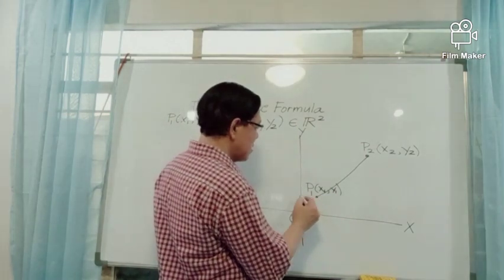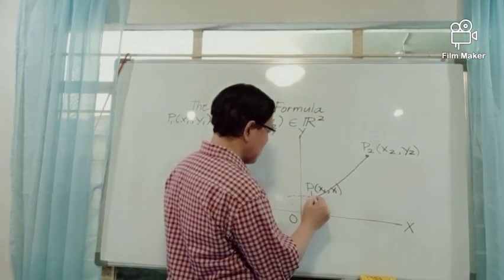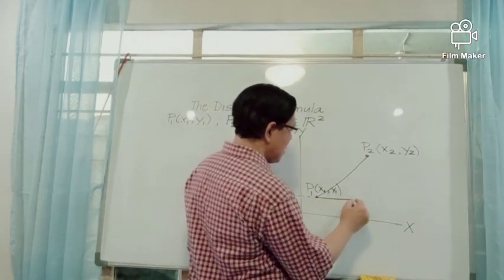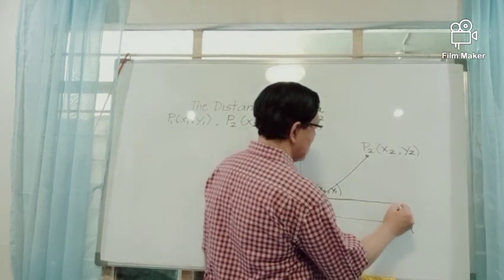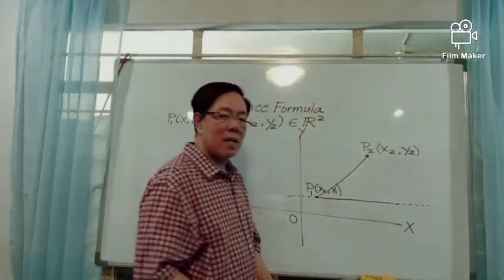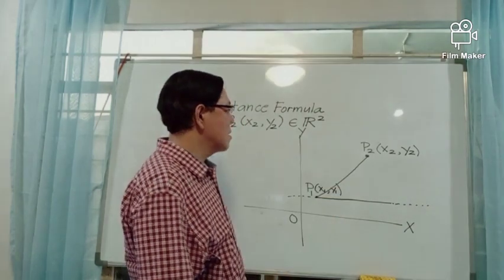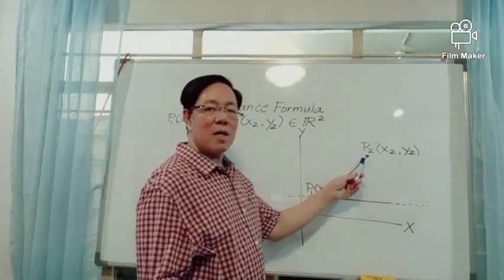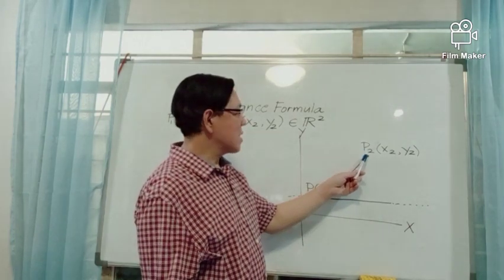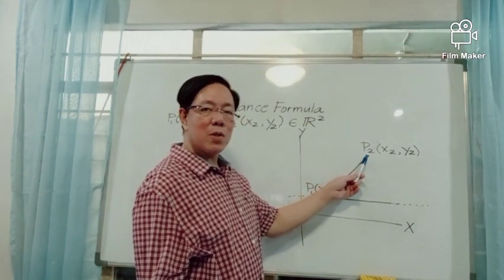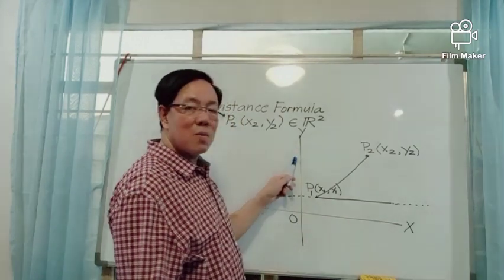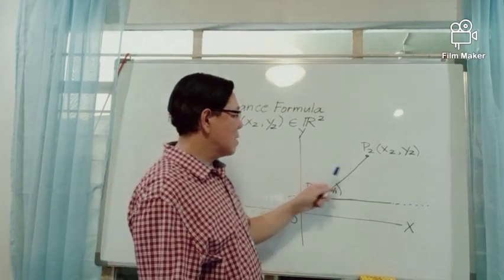Draw a horizontal line passing through the point P1 and parallel with the x-axis. Also construct a vertical line passing through the point P2 and parallel with the y-axis.